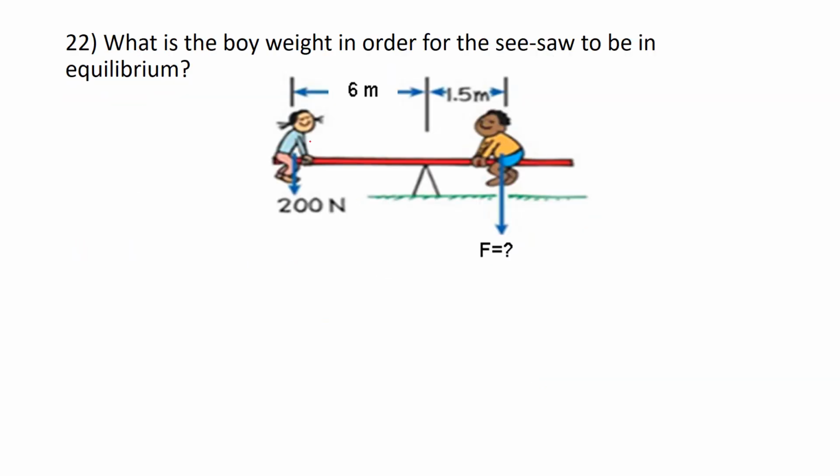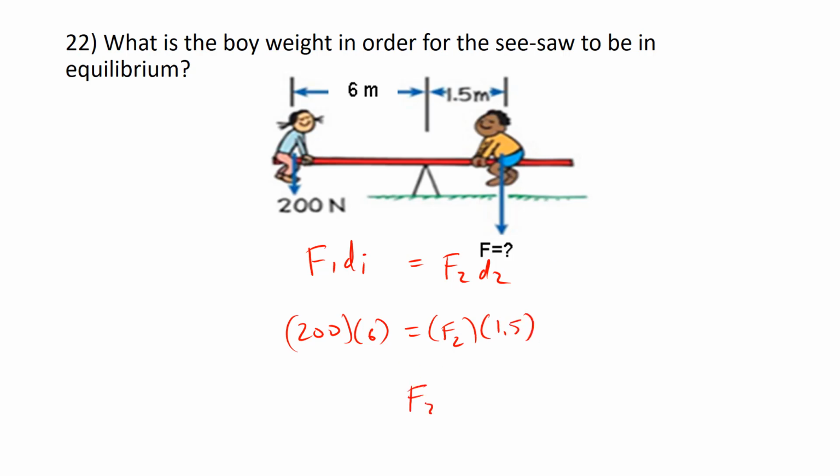Okay, what's the boy's weight in order for the seesaw to be in equilibrium? It's going to be F1d1 equals F2d2, and we have this 200 newton girl, which is 6 meters away. This boy, we don't know his weight yet, but we know that he is 1.5 meters away.